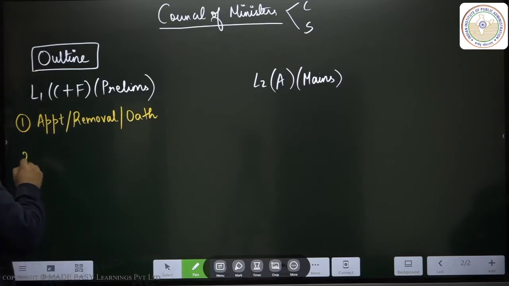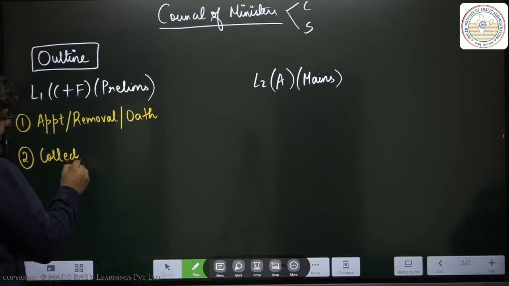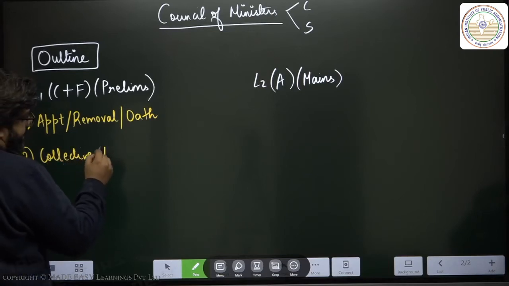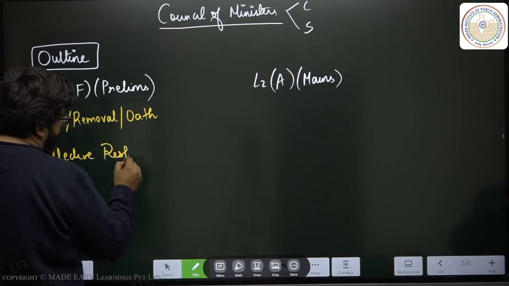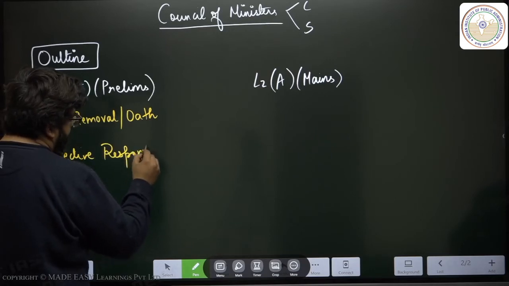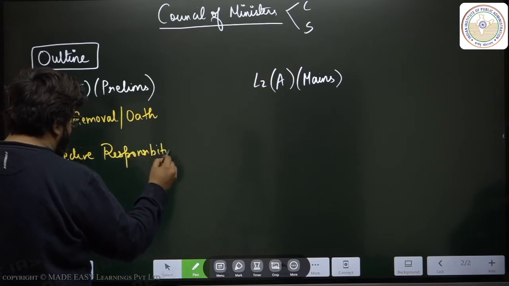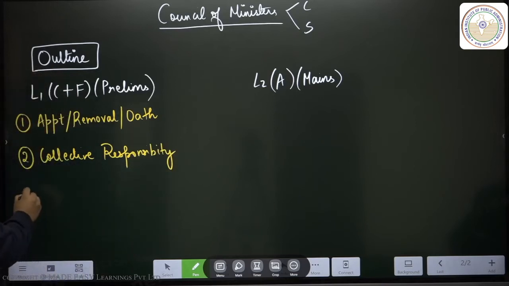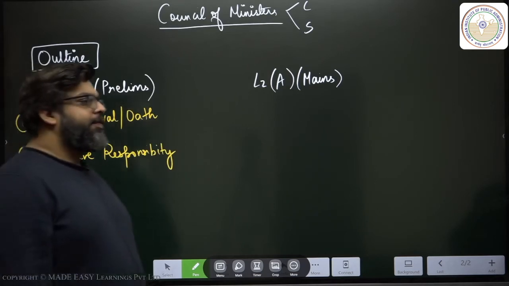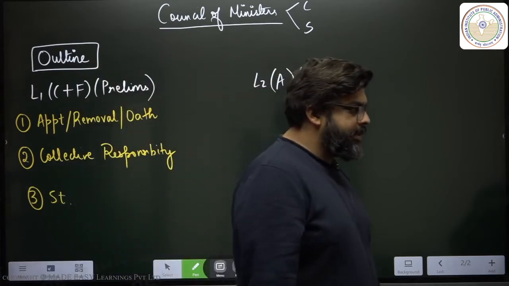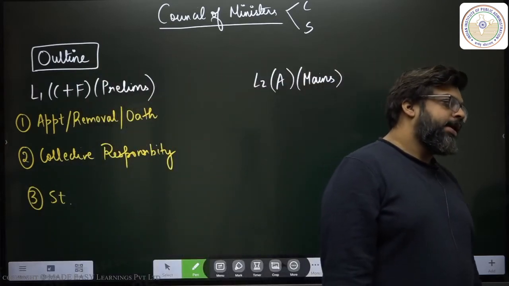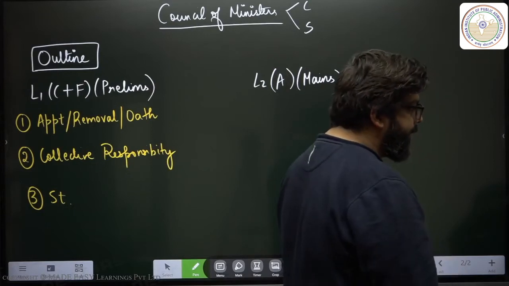Second, you must understand a word called collective responsibility. Third, we should understand the strength. That's it. If in the prelims there is going to be a question, the question is going to be from here. Okay?